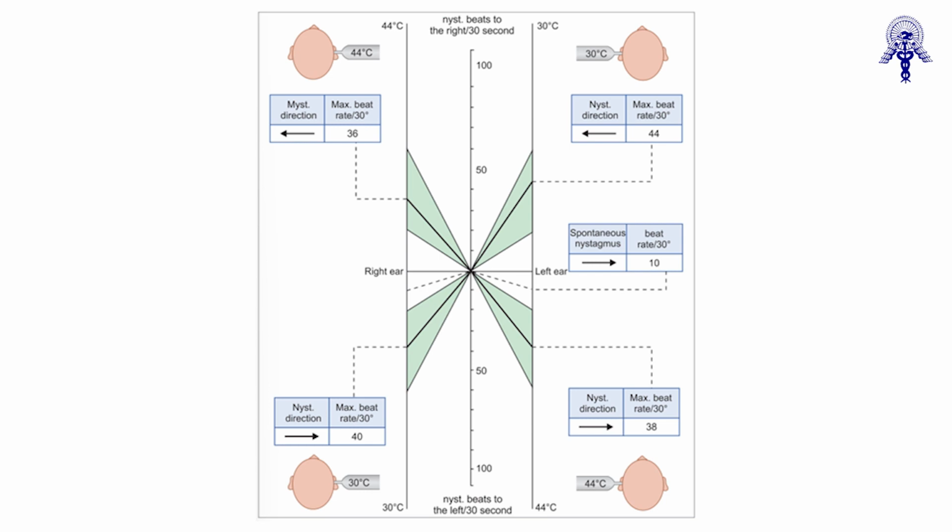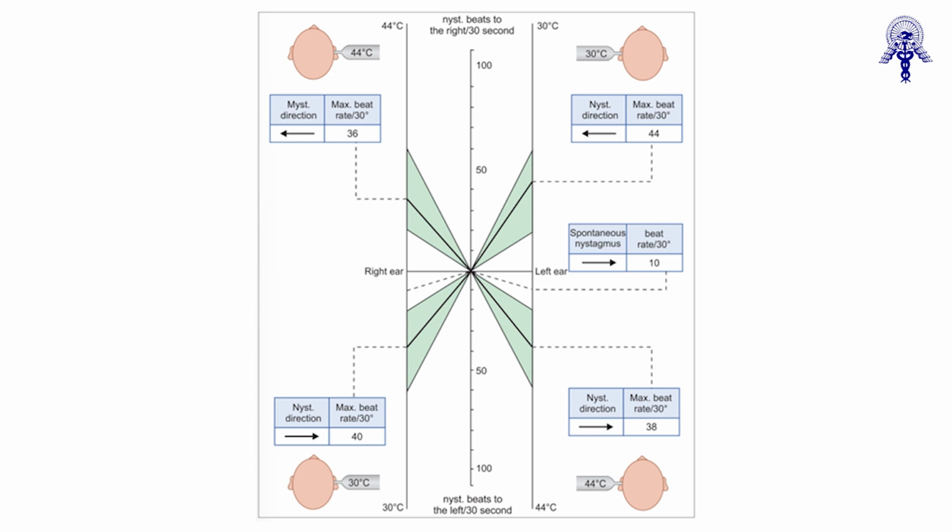Warm same, right ear 44 degree warm water means right beating nystagmus. What does right beating nystagmus mean? Right beating nystagmus means this one. First component is to the right, slow component is to the left.